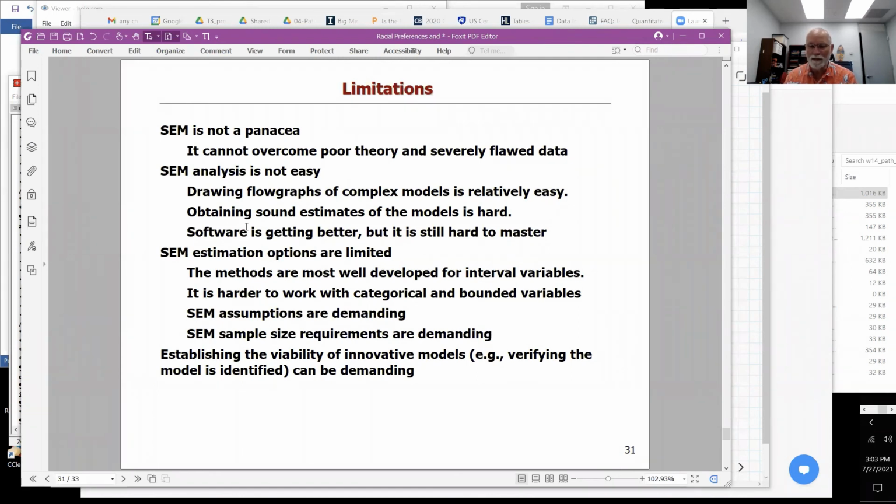And if we moved into the SEM framework, we'd have to justify them, and it would not be easy. It would be hard. So SEM makes it hard, but we really shouldn't see that as a fault of SEM.